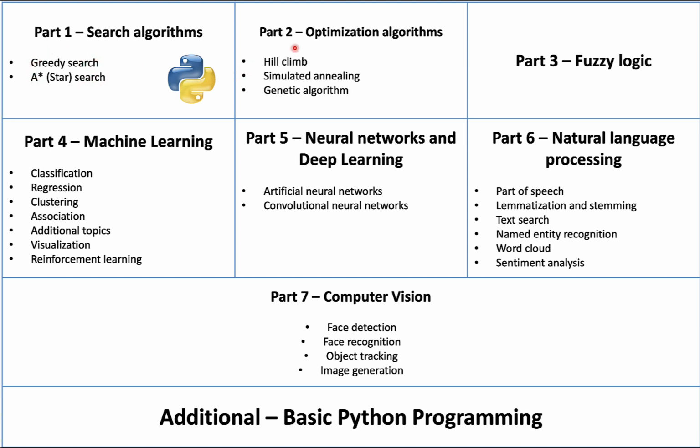In part number 2, you are going to learn about optimization algorithms. You are going to learn the intuition and the implementation of 3 of the most famous algorithms: hill climb, simulated annealing, and genetic algorithms. The implementations will be in the Python programming language. There are 2 case studies.